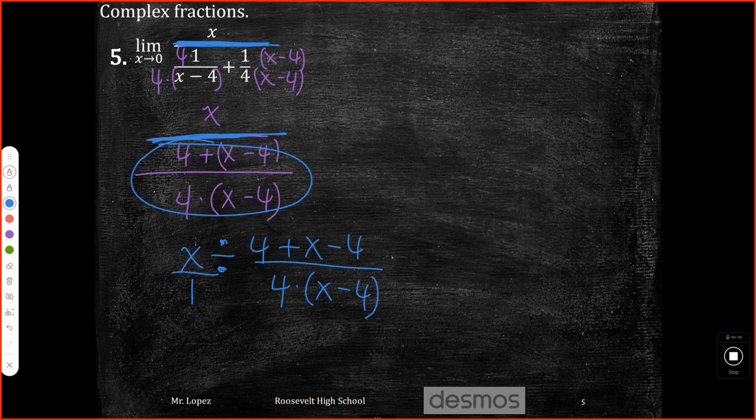You can put a 1 under x. You remember from elementary school, keep the first, flip the second, and multiply. 4 times x minus 4 at the bottom. Well, you could already see that 4 and 4 cancel out. So you can have x goes at the bottom.